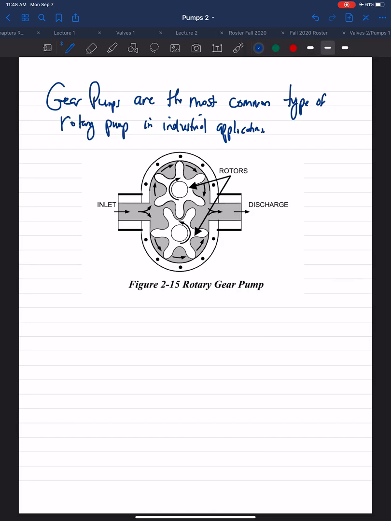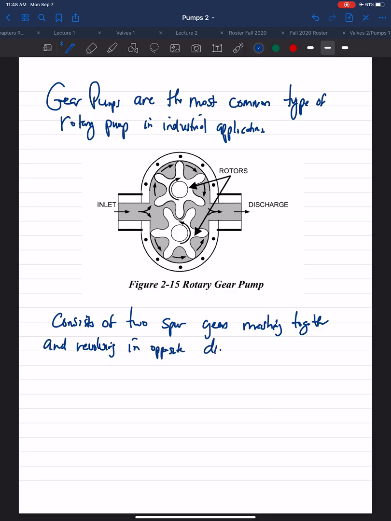So the gear pump here consists of two gears, two spur gears, meshing together and revolving in opposite directions within a casing.